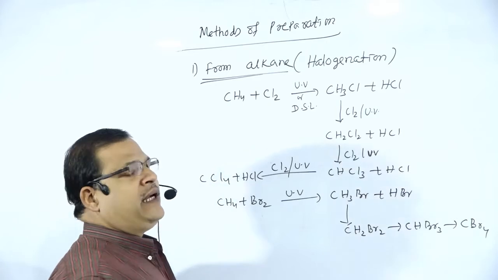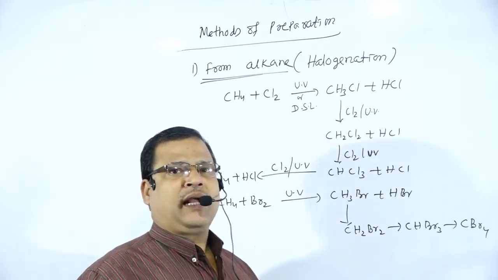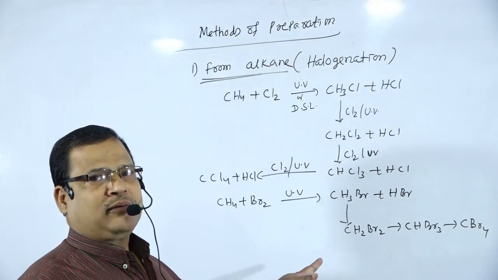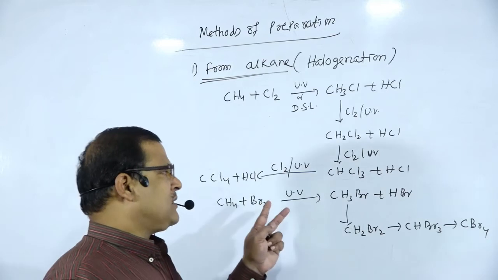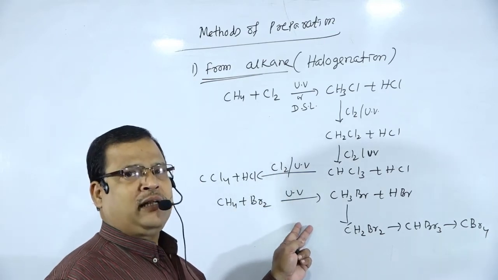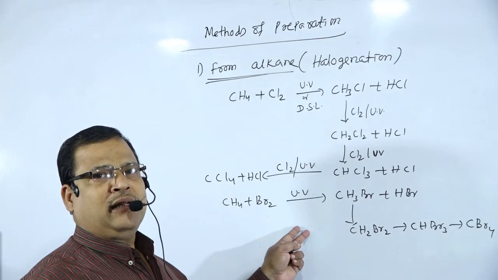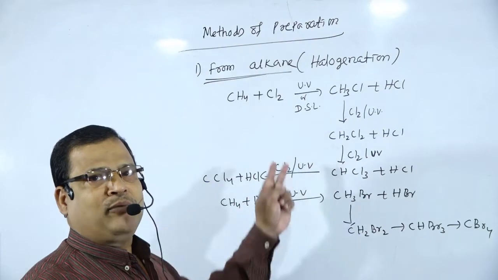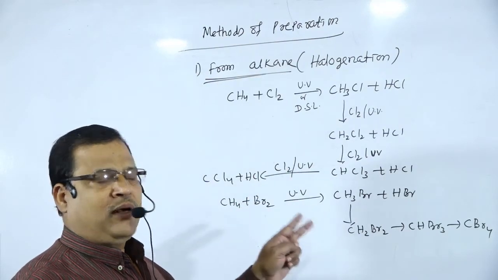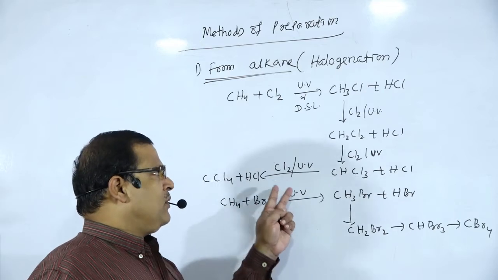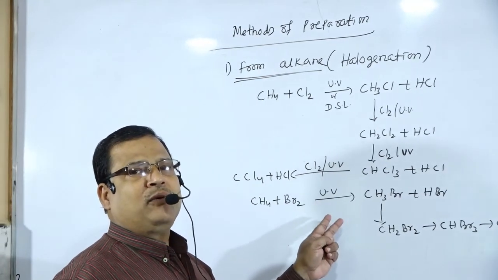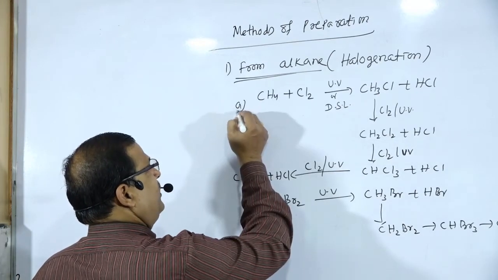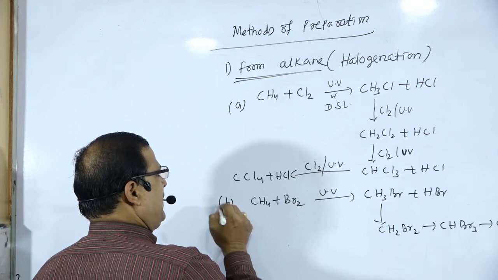If we compare the reactivity of chlorination and bromination, chlorination is faster than bromination. Both reactions take place in presence of sunlight, where the hydrogen atoms of the alkane are successively replaced by chlorine in chlorination and bromine in bromination. But the rate of chlorination is greater than the rate of bromination. This is chlorination, this is bromination.